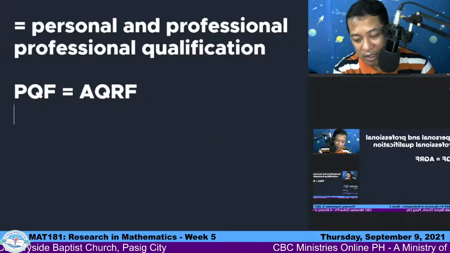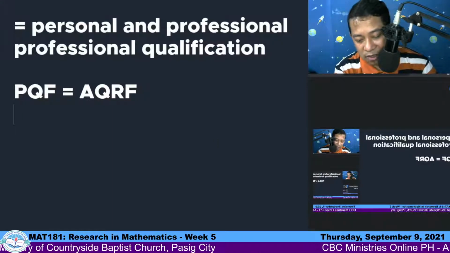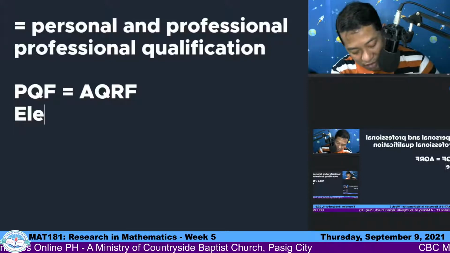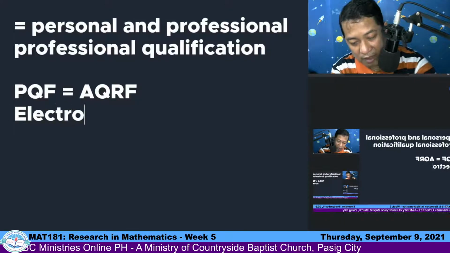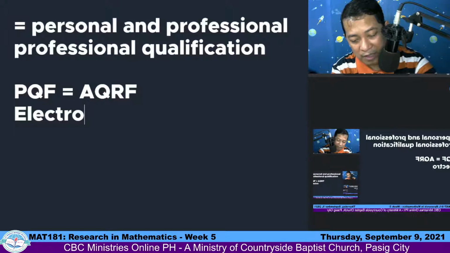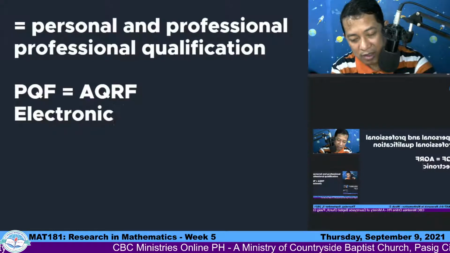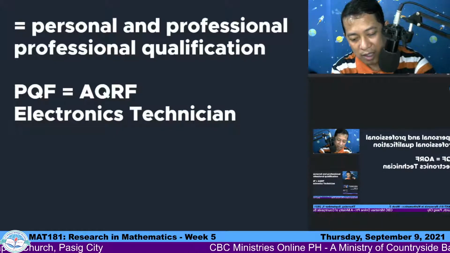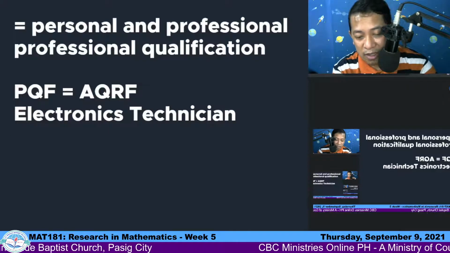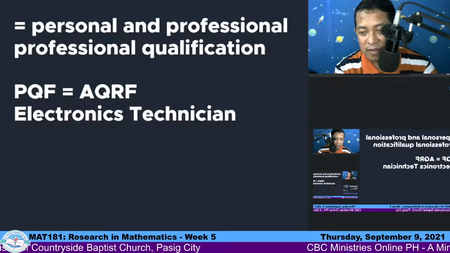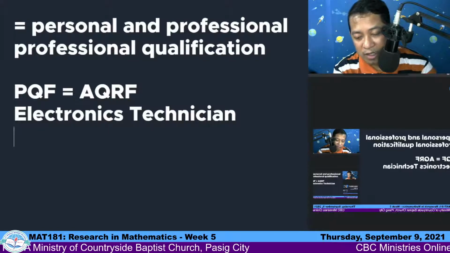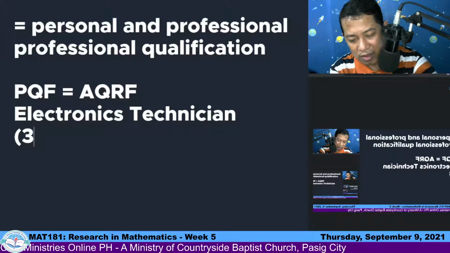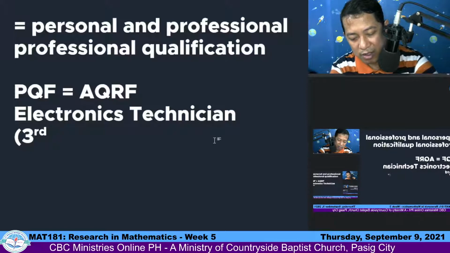For instance, in our case in the electronics engineering profession, though I'm an educator also, so I'm wearing different hats. We have 3 levels of practice. First of all is electronics technician, and these are actually undergraduate practices. So of course you could take the technician course even in your third year of college.